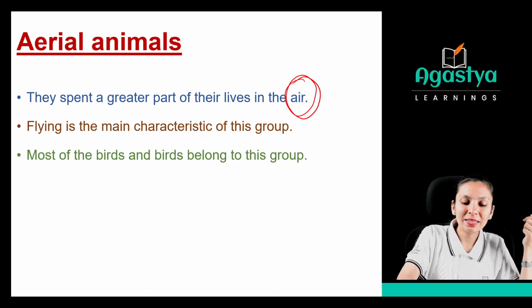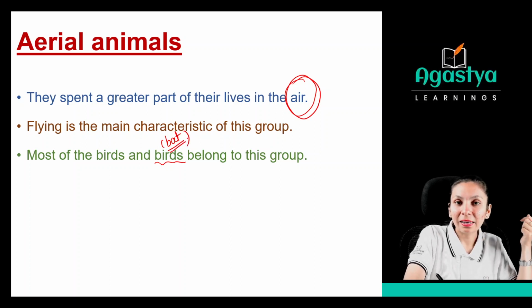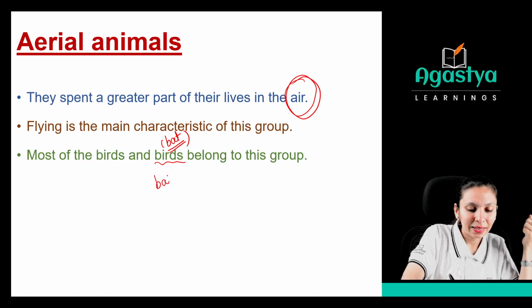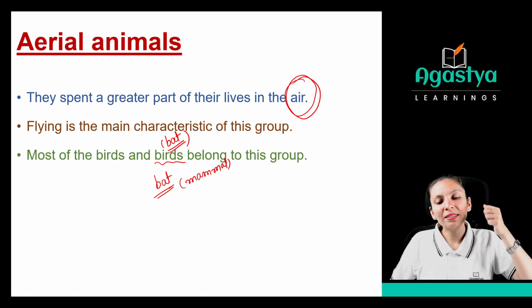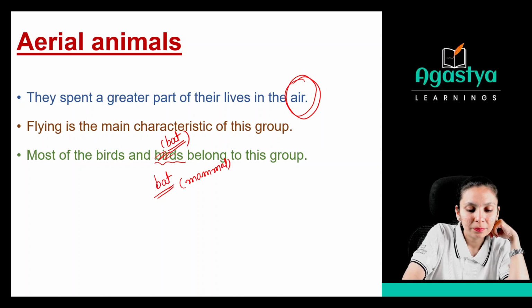Most of the birds belong to this group. See, these birds, and bat. Bat is a mammal, right? Bat is an example of a mammal which can fly, right? So birds and bats belong to this group.